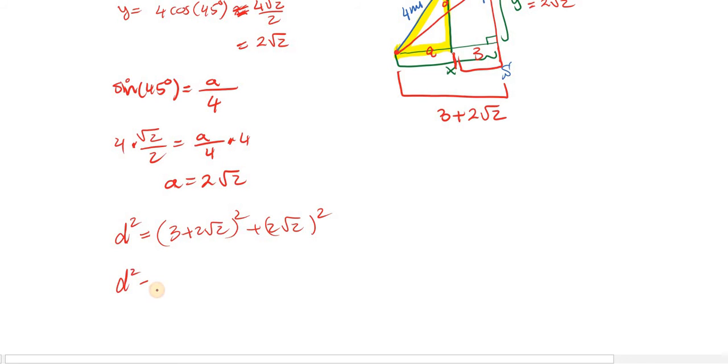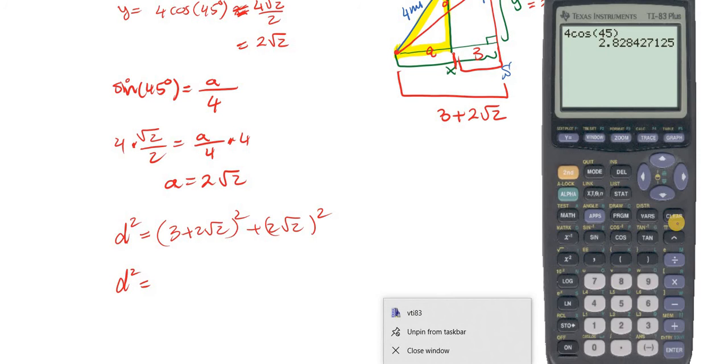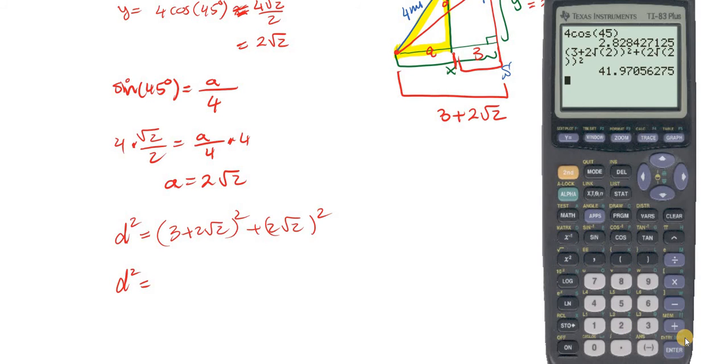So let me grab my calculator: 3 plus 2 square root of 2 squared plus 2 square root of 2 squared equals, so this is d squared.